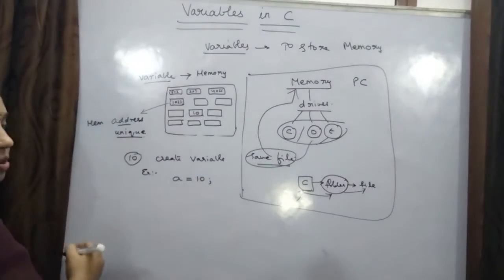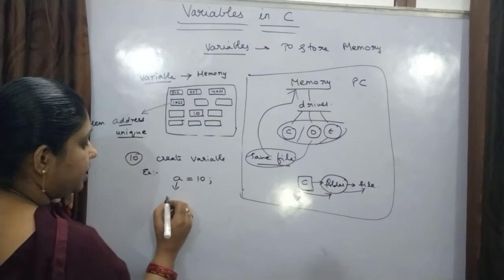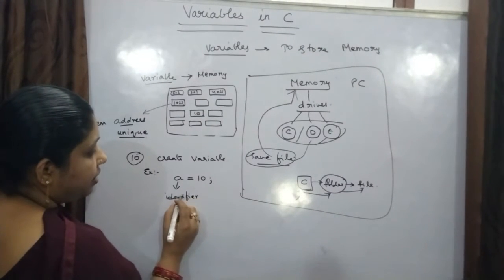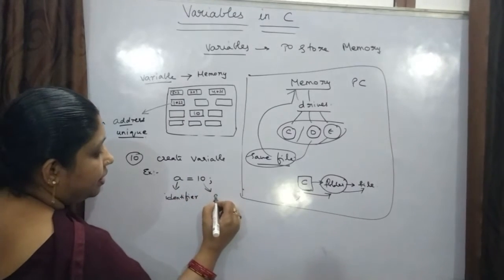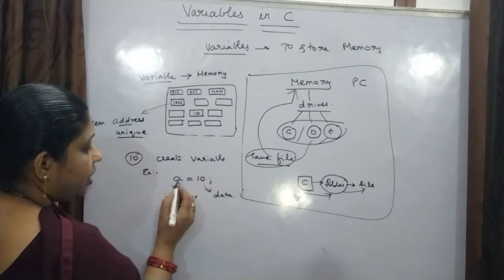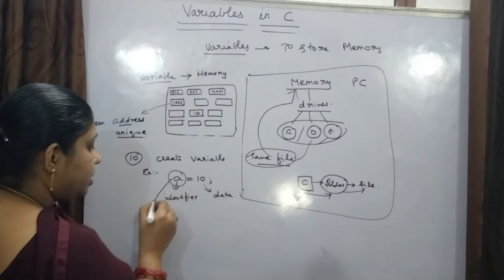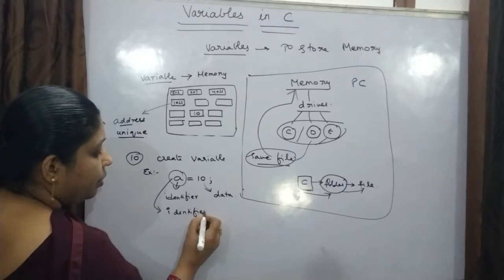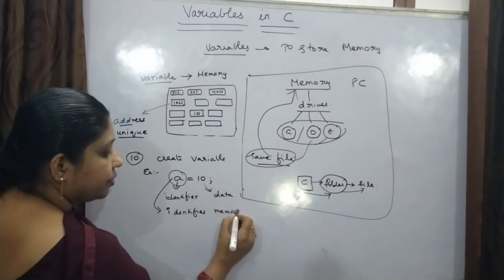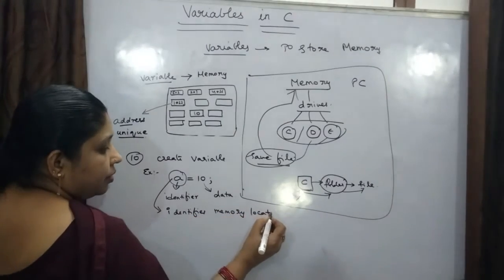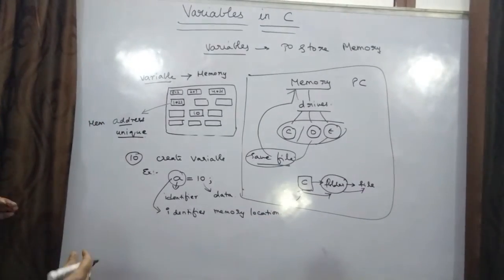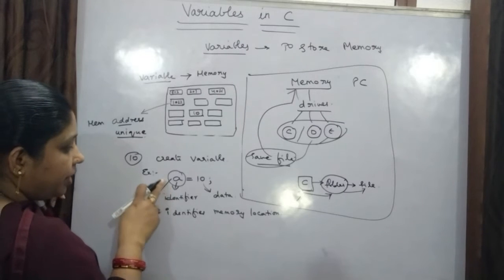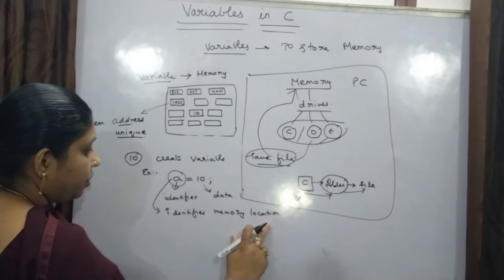Here A is the identifier, and this is the data stored in it. This variable is also called an identifier. This identifier identifies the memory location.